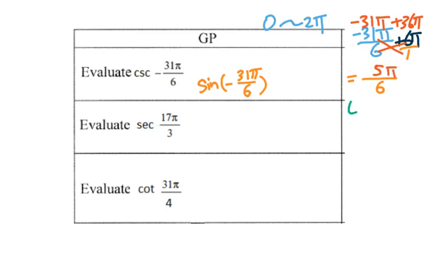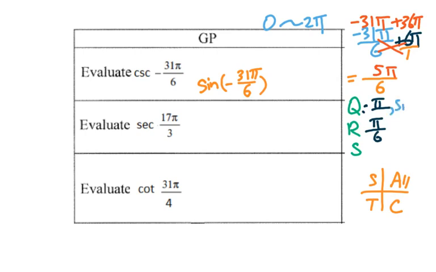For 5 pi over 6, we go to QRS. Still the second quadrant. The reference angle definitely is pi over 6. For sine, we go to All Students Take Calculus. I'm looking for sine in the second quadrant.